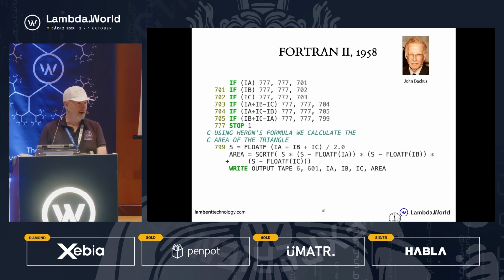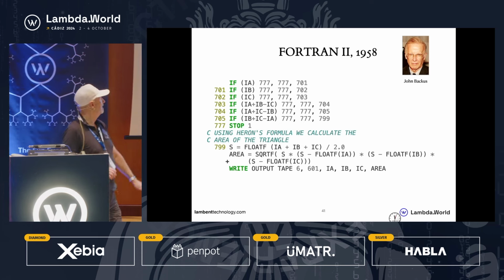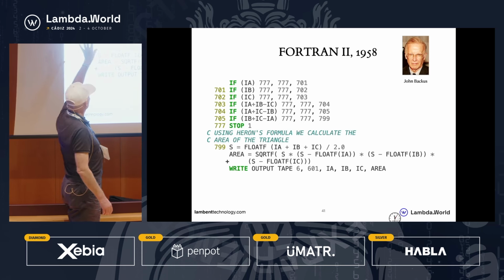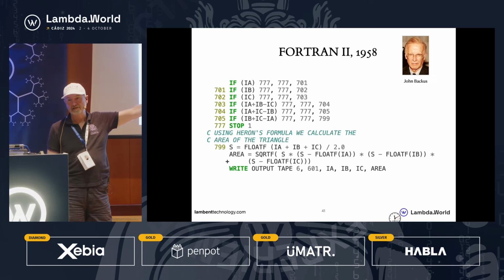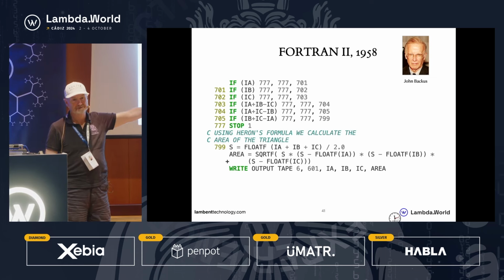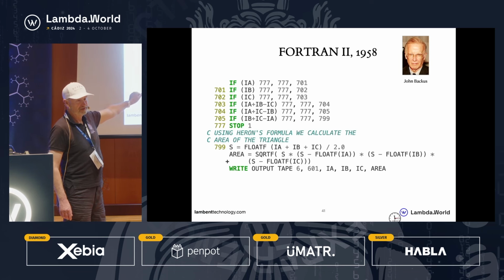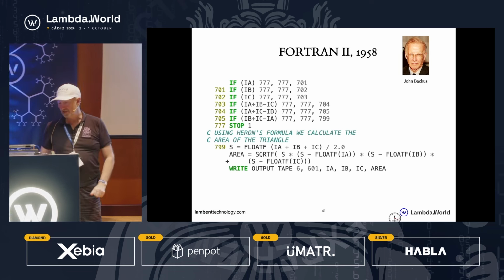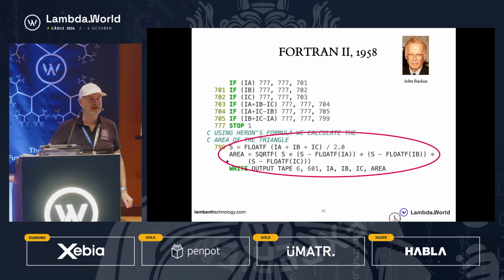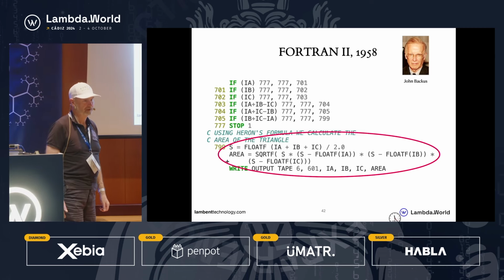And here's Fortran, back to John Backus from 1958. Still lots and lots of state, but this program is calculating the area of a triangle using Heron's formula from ancient Egypt. We can see the beginnings of a relationship here.